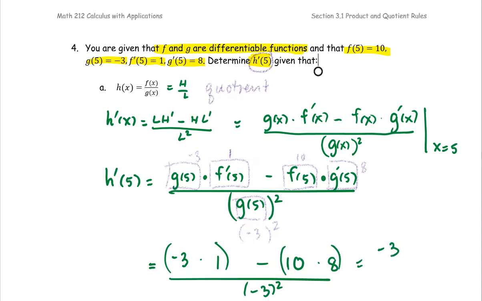So it's going to be -3 minus 80. Sorry, I was wrong, 10 times 8 is 80. And -3 squared is positive 9. Clean up the numbers, and you should get -83 divided by 9 as the result of H prime at 5 for part A.